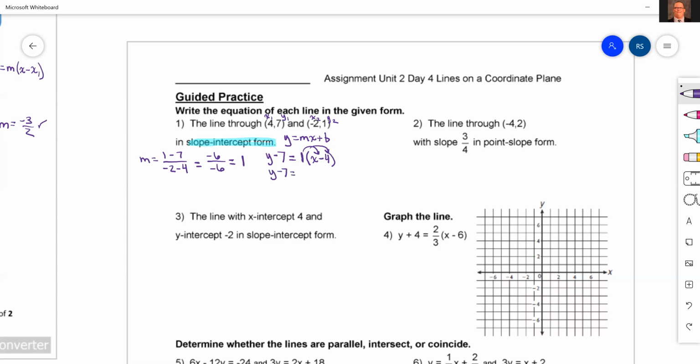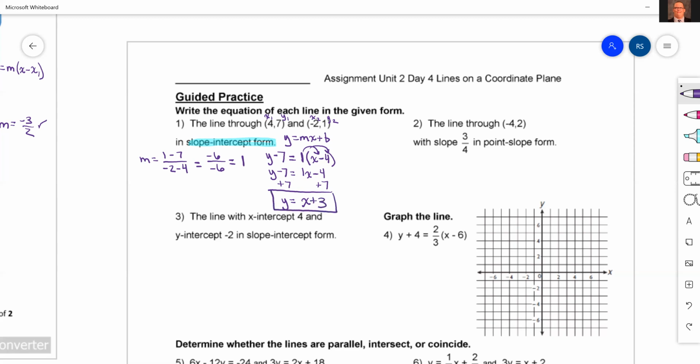y minus 7 equals 1 times x, it's just x, 1x, 1 times -4, minus 4. Add 7 to both sides. You get y equals 1x, -4 plus 7 would be a +3.